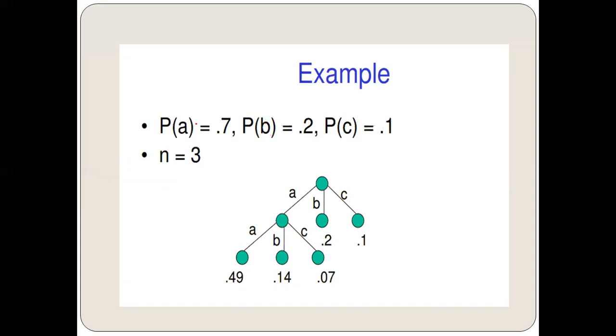It will be multiplied by all and itself. So A will give birth to A, B, and C, and this will be multiplied by this because this is 0.7. So it will be 0.7 multiplied by 0.7, so 0.49, 0.7 multiplied by 0.2, 0.14, 0.7 multiplied by 0.1, so 0.07.